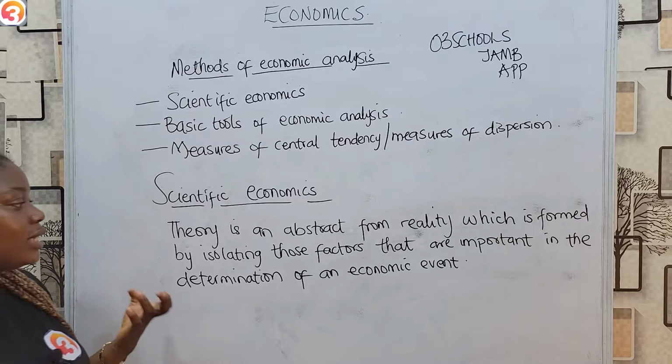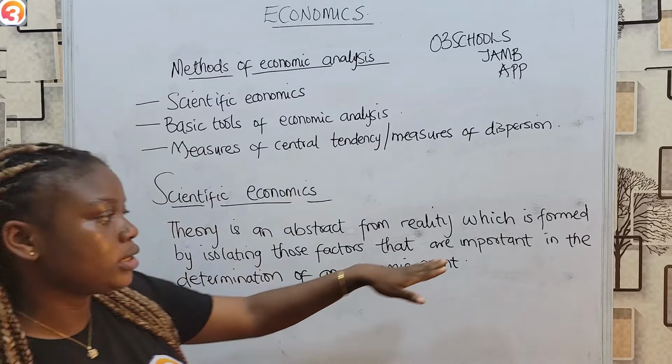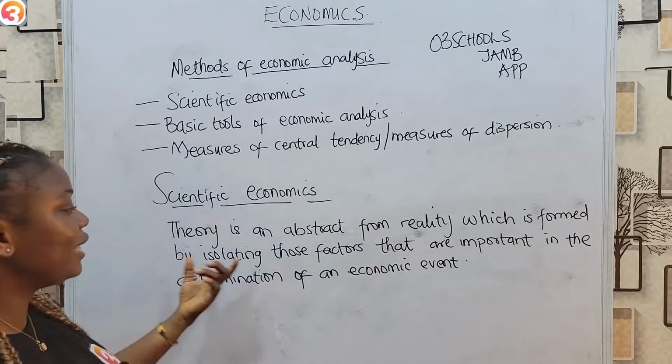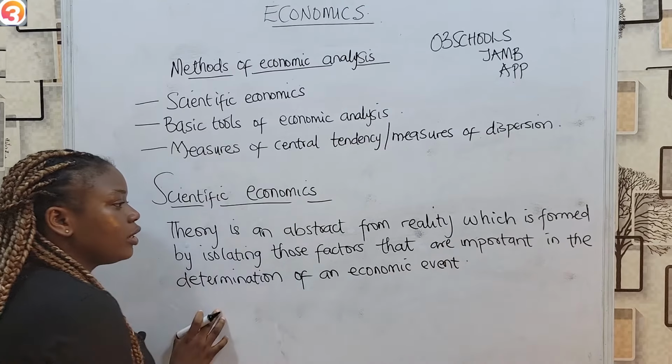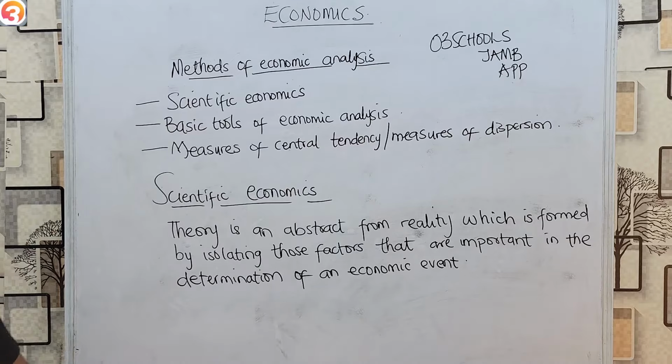As you can see on the board, a theory is an abstract from reality, which is formed by isolating those factors that are important in the determination of an economic event.